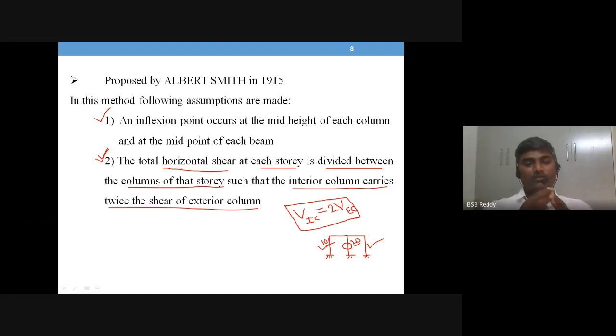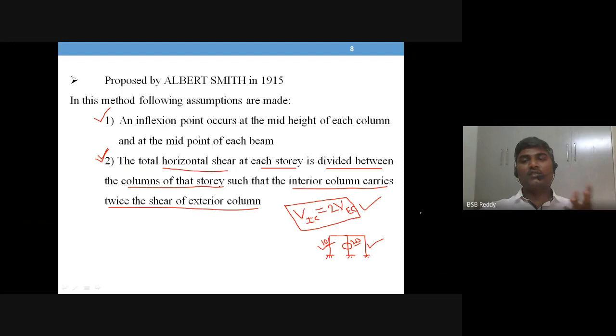So you have two assumptions for the portal method. The first is that the inflection point or point of contraflexure occurs at the midpoint of each member. The second is that interior column shear is equal to twice that of exterior column shear. For somebody who just wants to make it simple, you just read this equation.